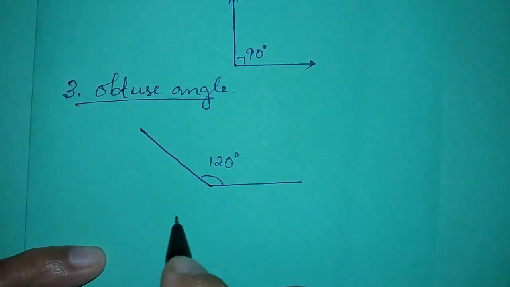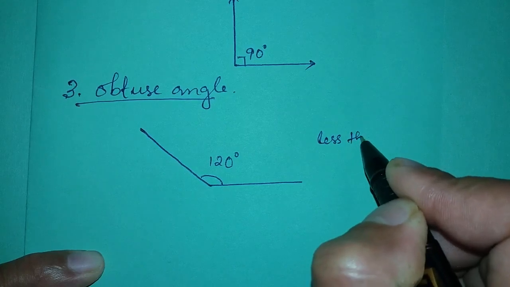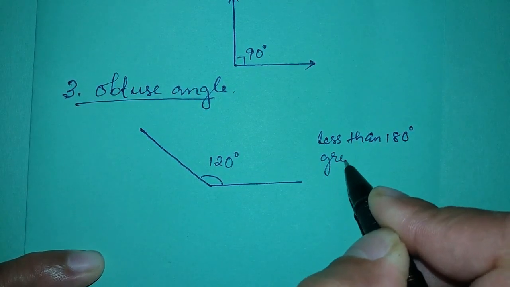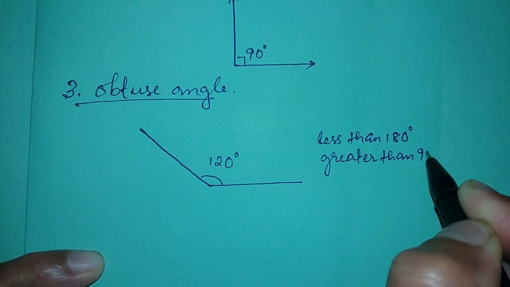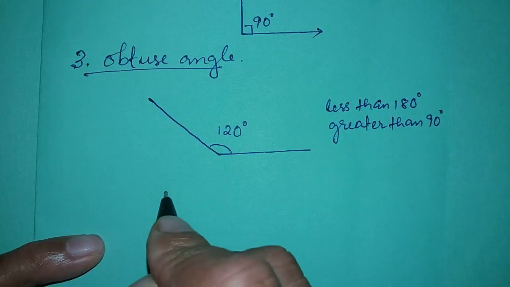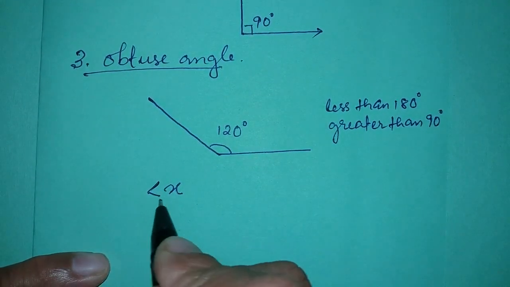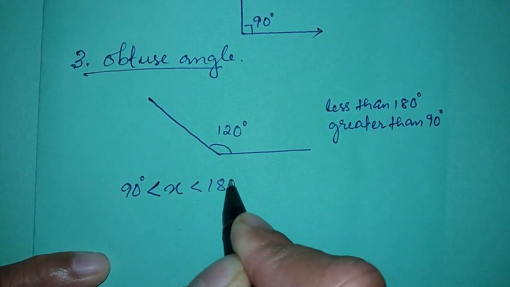So it should be less than 180 degree but greater than 90 degree. So any angle is called an obtuse angle if it is greater than 90 degree but less than 180 degree.